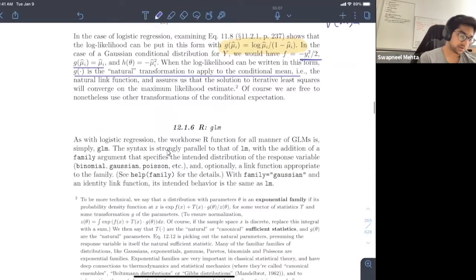But anyway, he's trying to compare this iterative least squares solution to the maximum likelihood estimate. So that is the takeaway here: just like we compared OLS with the maximum likelihood estimate, we are trying to compare ILS, or iterative least squares, with the maximum likelihood estimate.